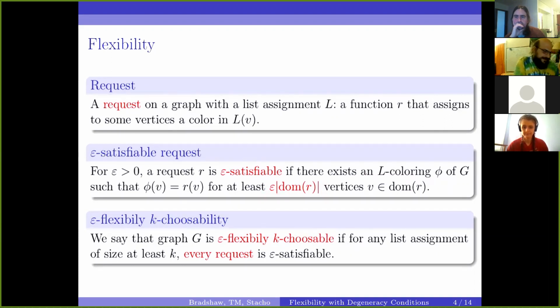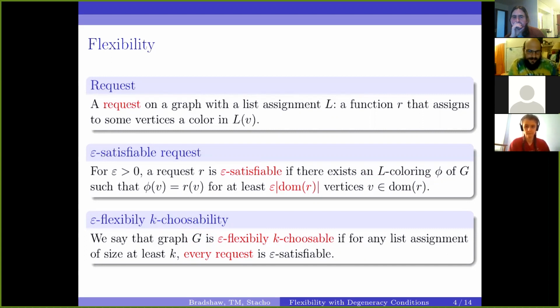The last term, the central crucial term of what we are studying, is epsilon-flexible k-choosability. We say this about a graph if for any list assignment of size at least k, and for any possible request, we can satisfy at least an epsilon fraction. So every possible request on any list assignment is epsilon-satisfiable. As is usual, we say that a graph class is epsilon-flexibly k-choosable if all its graphs are.